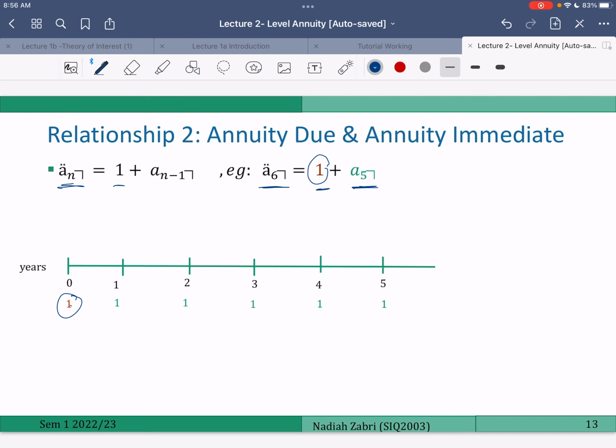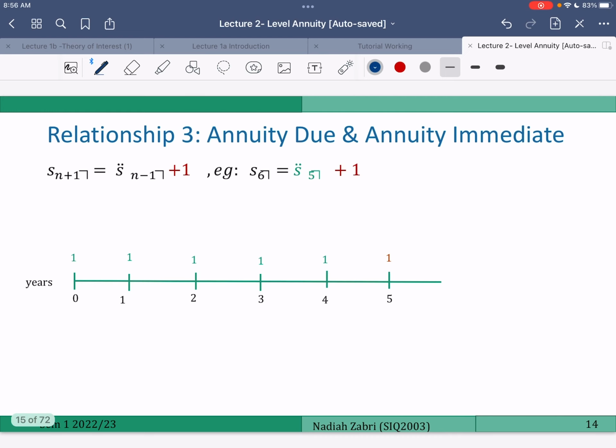And then A angle 5 is this payment. The green one. So you add the red and the green, you'll get A double dot angle 6. So you have 6 payments paid in the beginning of each year for 6 years. Alright. Okay. So that is relationship number 2.